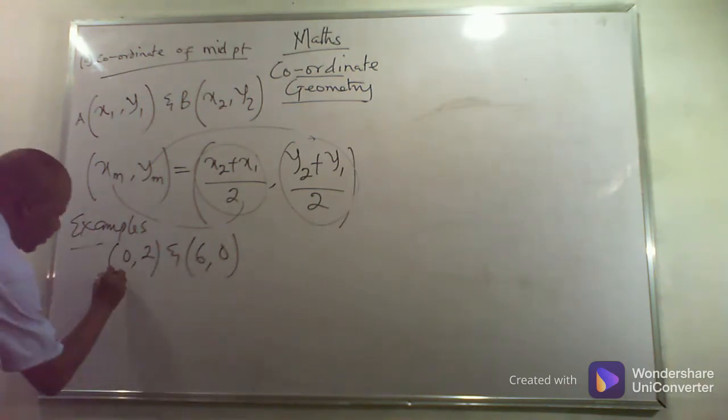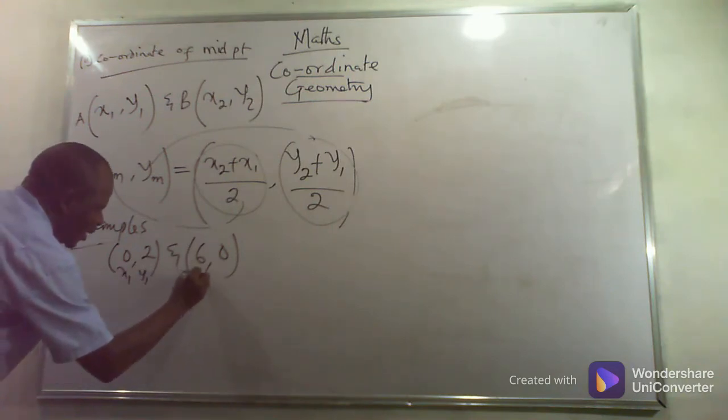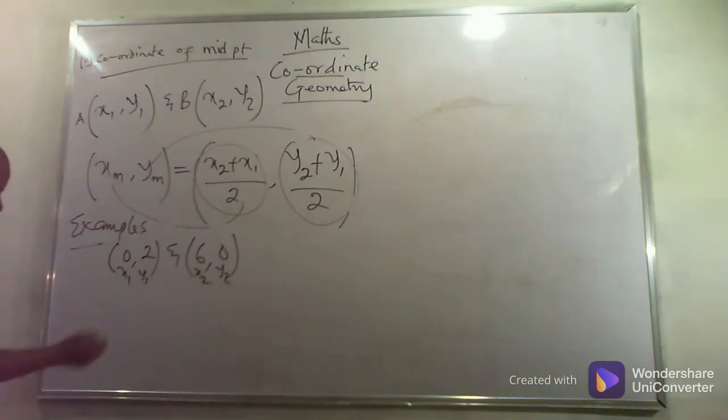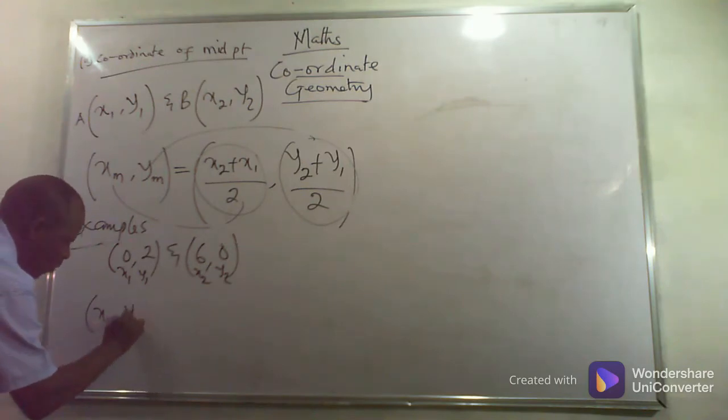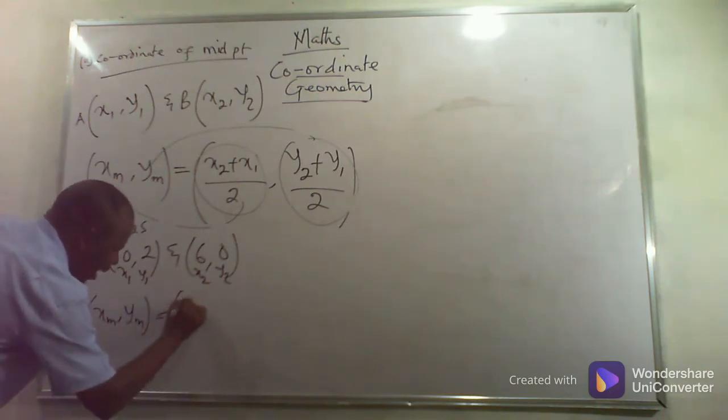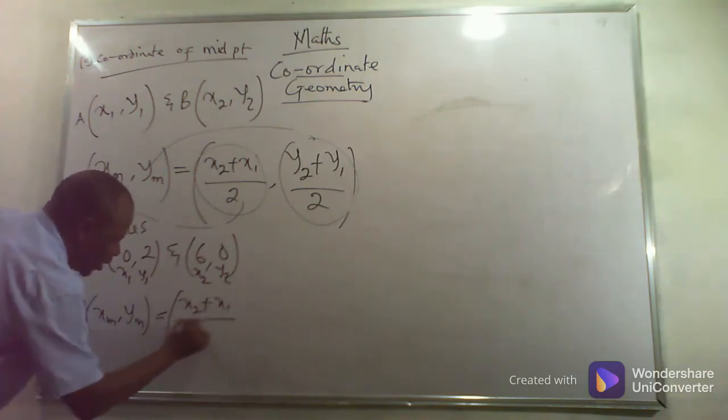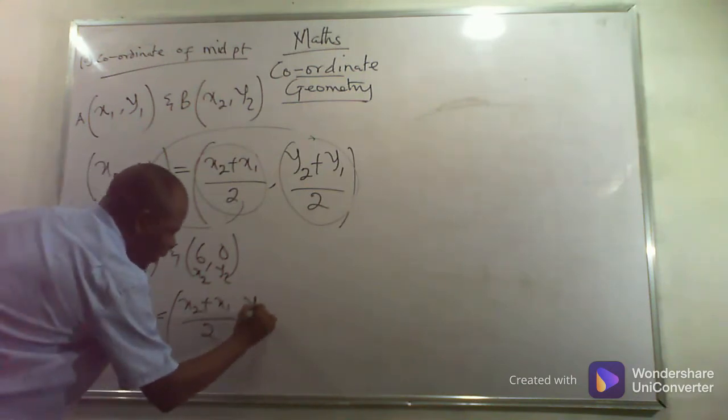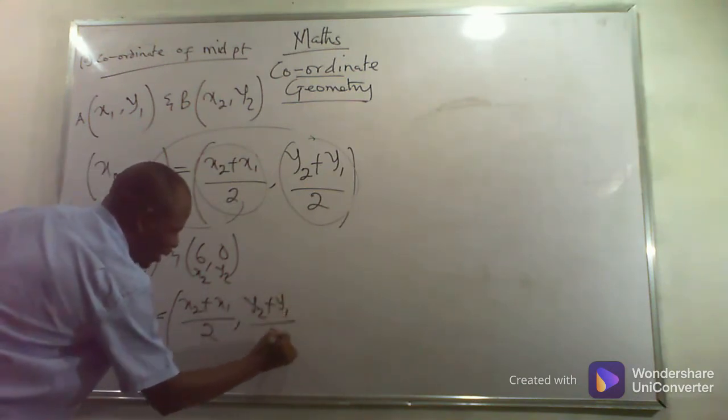So what do we have? x1, y1, x2, y2. What's the formula? xm, ym equals x2 plus x1 over 2, y2 plus y1 over 2.